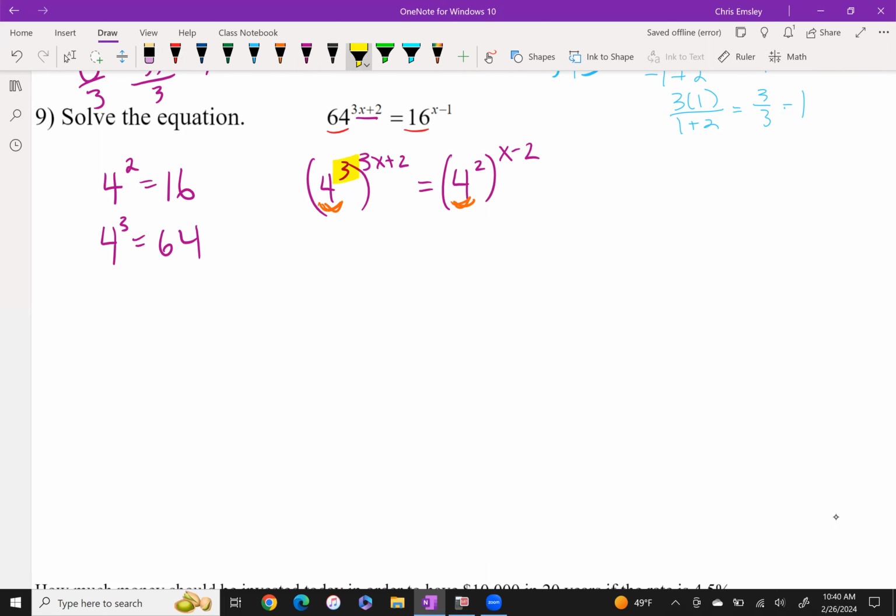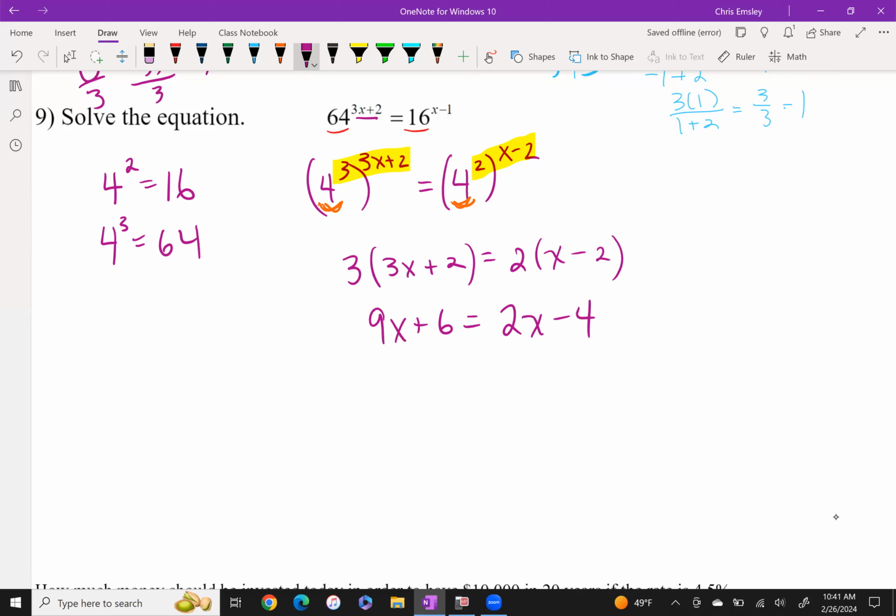So we can just grab those exponents and set them equal to each other. We need to remember that when we have stacked exponents like this, they are multiplied together. So we'll end up distributing once we write out our equation. So to distribute on the left, we get 9x plus 6. Distribute on the right, 2x minus 4. I'm going to subtract that 2x, and how about at the same time I subtract the 6?